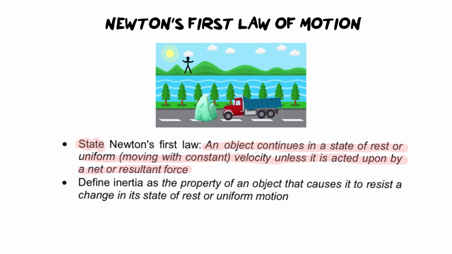So essentially every object is going to remain at rest, which means it's not going to move. There's no movement. Or in uniform motion, which has a constant velocity in a straight line, unless acted on by an external force. So this is an external force.